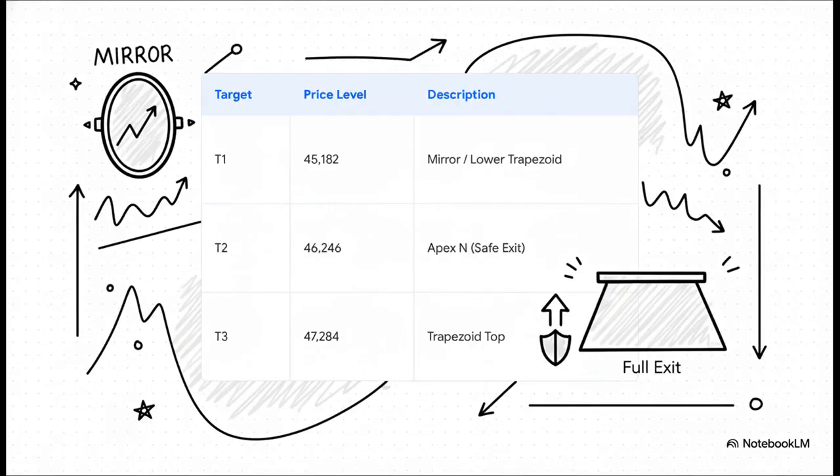The initial plan didn't just define entries, it also set three potential targets for taking profit. Target 1, or T1, was the mirror level at 45,182. T2 was the apex N at 46,246, which is called a safe exit. And T3, the full exit, was all the way up at the trapezoid top at 47,284.